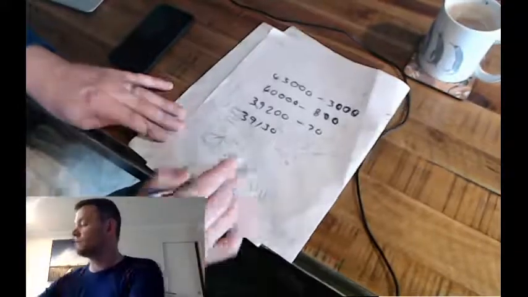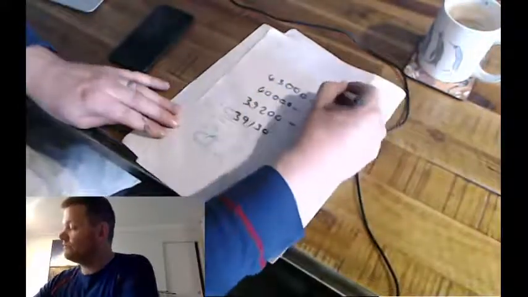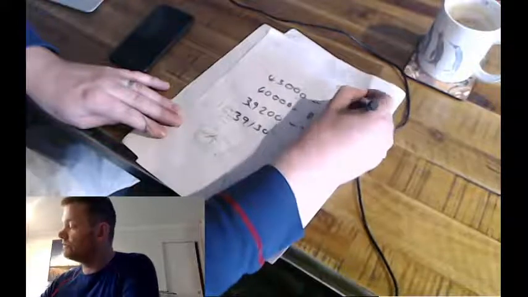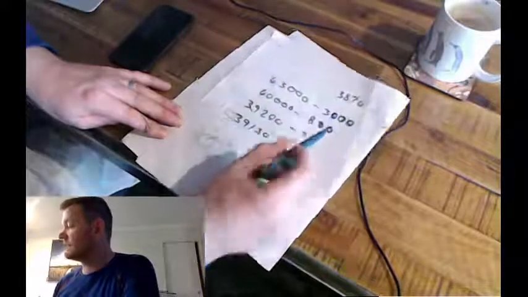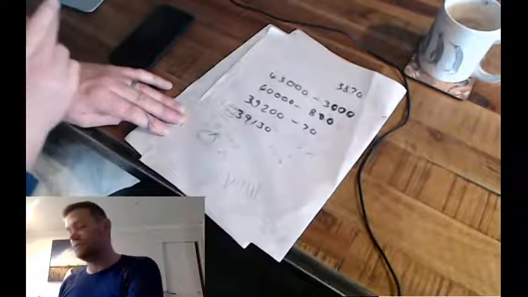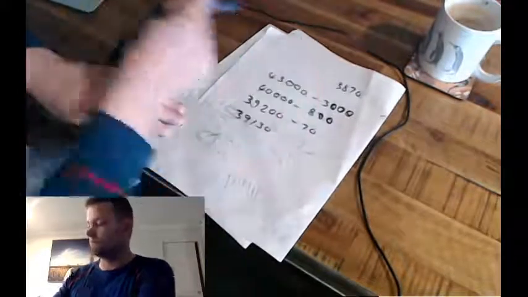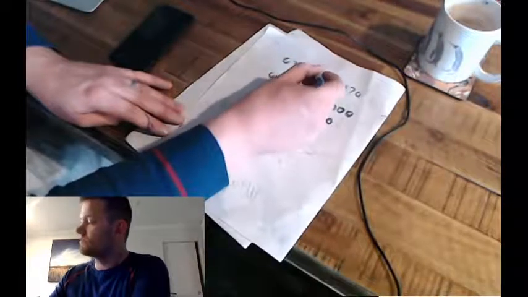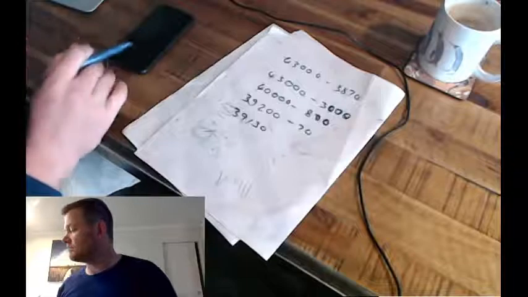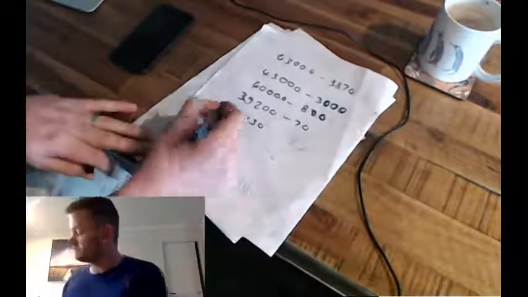So I broke 3,870 down into 3,800, and then I broke it down to 70. I used place value, in other words. See that process? So that gives me this answer.